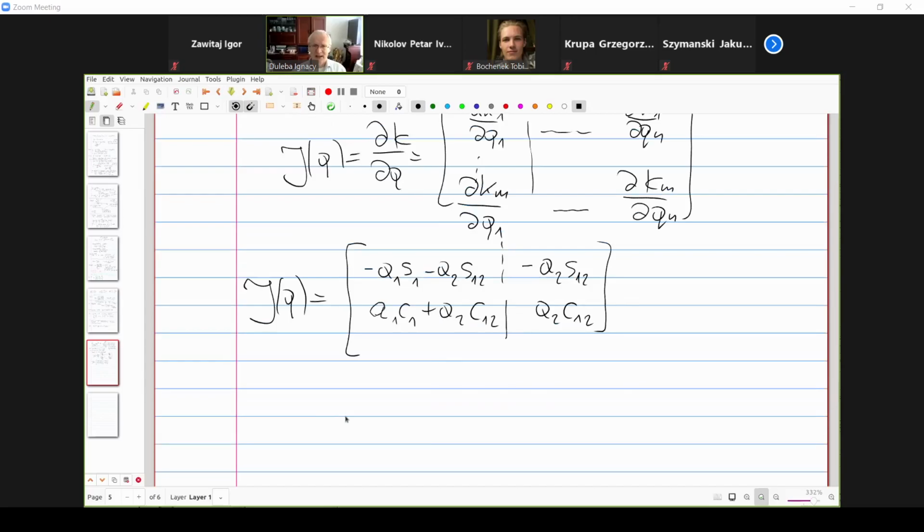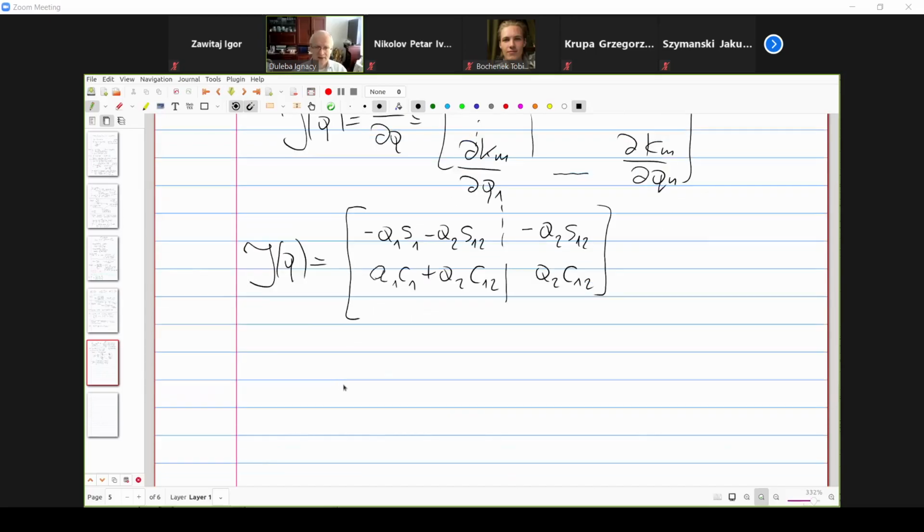So how to get the rank of this matrix? In this case, it's relatively simple. I need to just calculate the determinant of this matrix.